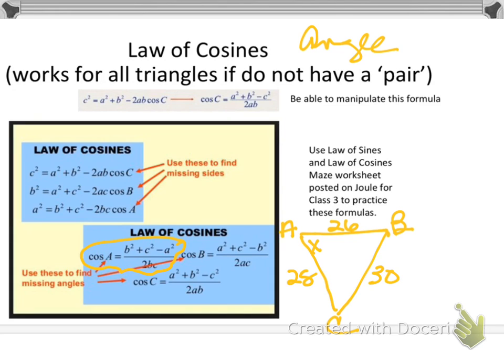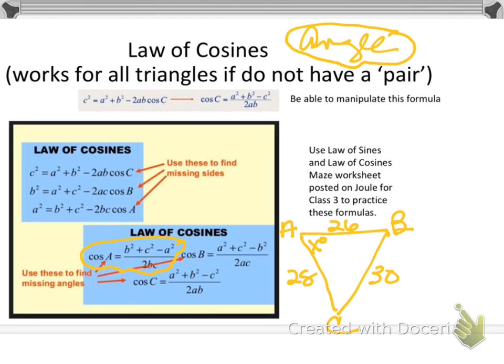In this slide, we're going to use law of cosines again, but this time we're going to be looking for an angle. So I wrote angle here, and I added the word side to the other one. I've drawn this triangle in yellow, and we're going to try to find angle X. So here's angle X, and I've labeled my triangle with ABC, and I've circled in yellow the version of the law of cosines that I'm going to need to use.